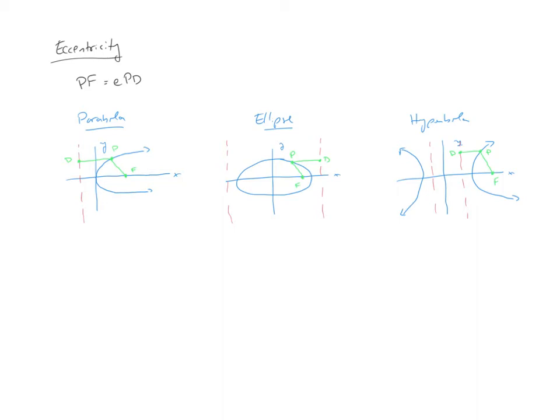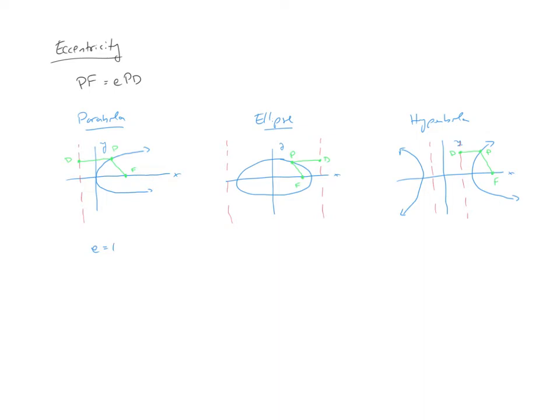As we know, the definition of a parabola says that this distance here equals this distance here. Even though my picture might not support it, by definition this distance would equal this distance, which means the eccentricity e is equal to 1. So for a parabola, the eccentricity is always equal to 1.